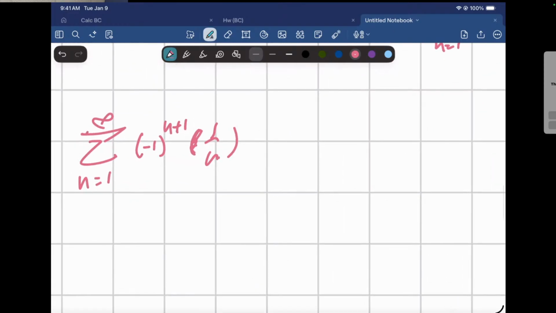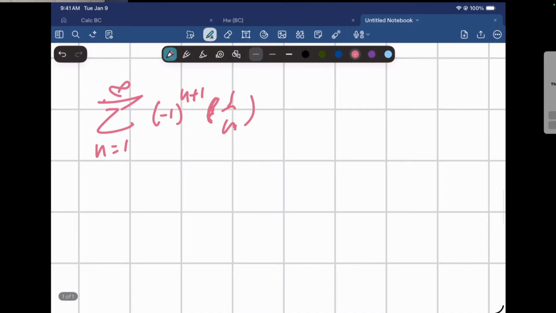So if this situation occurs, we're going to do the normal situation first. What kind of series is this? Alternating harmonic, right? But we can do the alternating series test. So we can say, oh yeah, this is alternating, so we put a check mark.